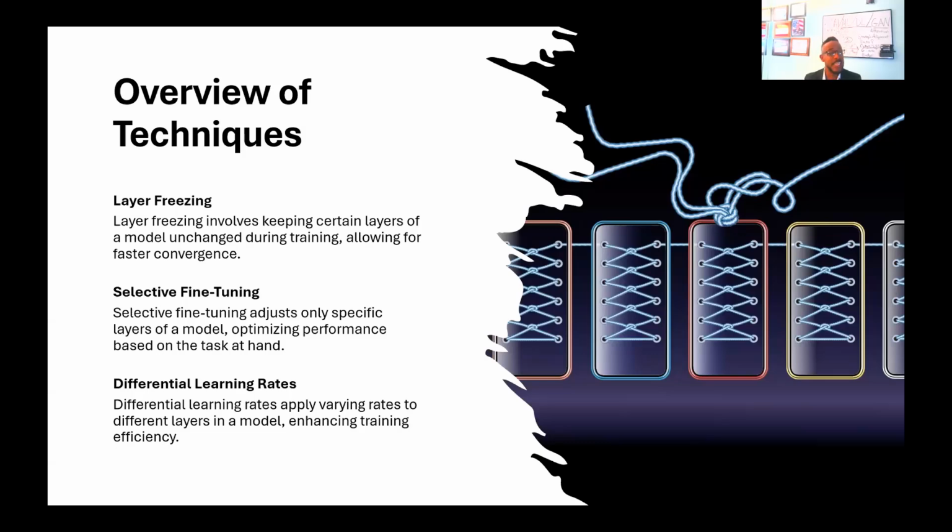There's other techniques, selective fine-tuning, where we can adjust only specific layers of models. Now that word layer, have you noticed a pattern? And then the last but not least, differential learning rates. Now we're referring to changing some of the hyperparameters.